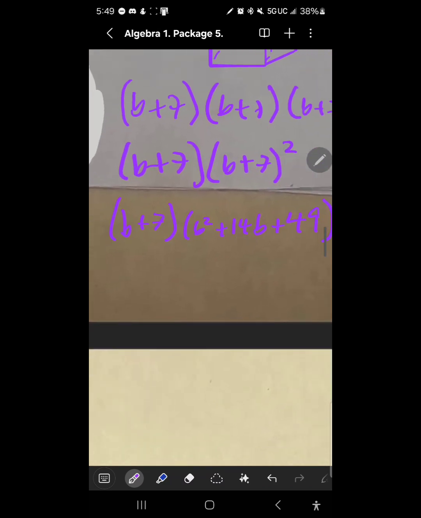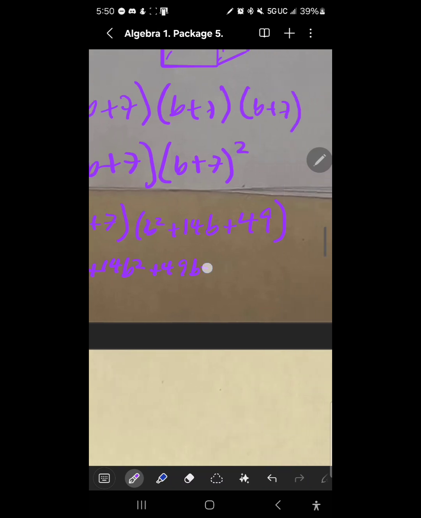And now I can keep going. b times b squared is b cubed. b times 14b is 14b squared. 49 times b is just 49b. And then with the number, I say 7 times b squared, 7b squared.